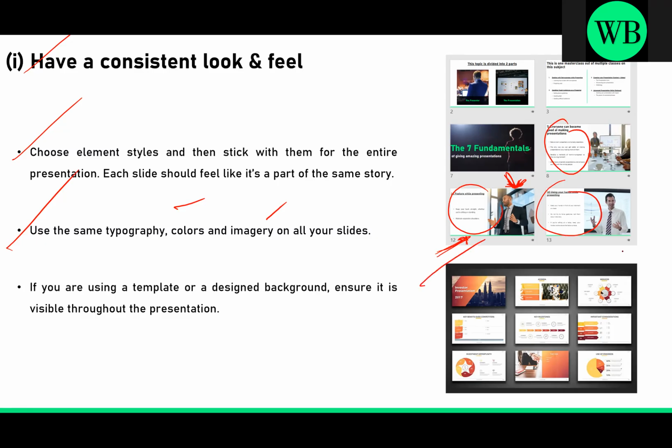Now, even if you look at this second example, this is a template that you have, where again, you'll find these elements in this template, where all the elements are consistent. And this is very, very important if you're going to make business presentations that look professional, right? Yeah, use a template, but ensure that you have a consistent look and feel for all your presentations.